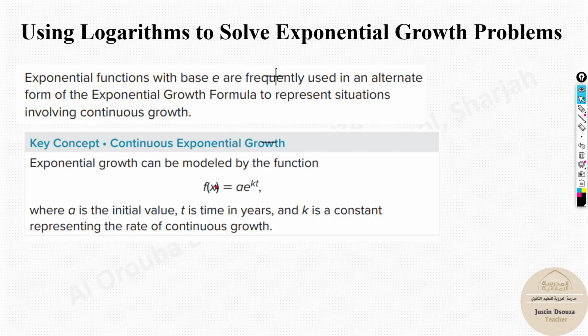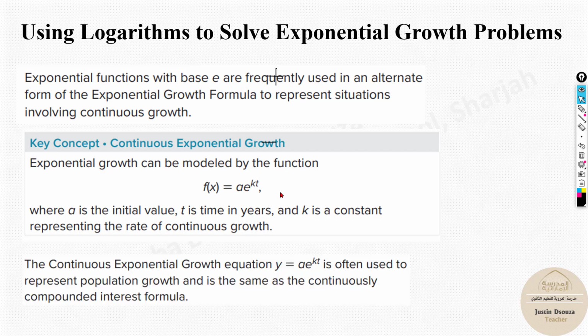So now you already know the continuous growth function. This formula was something we have used earlier. We will be using the same formula. Here E means something that grows continuously. Remember, in the previous lessons we had this E, Euler's number, where it is always continuous compounding or continuous growth.